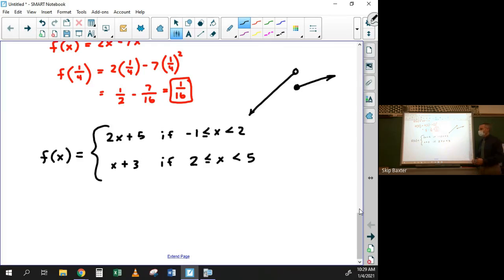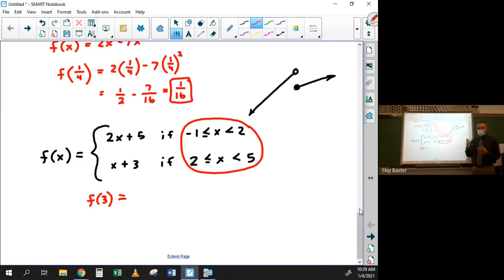If they said, here's the piecewise function, find, for example, f of 3, what you'd have to do is look at this stuff over here to determine, at x equals 3, which interval am I on? Am I on the interval from negative 1 to 2, or from 2 to 5?